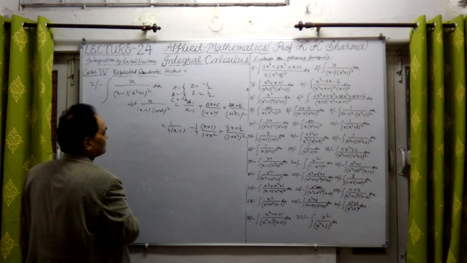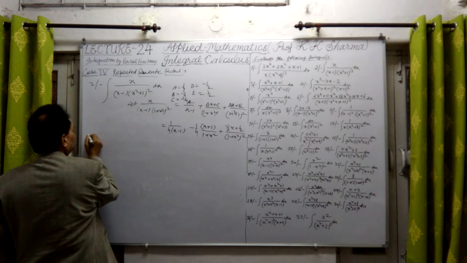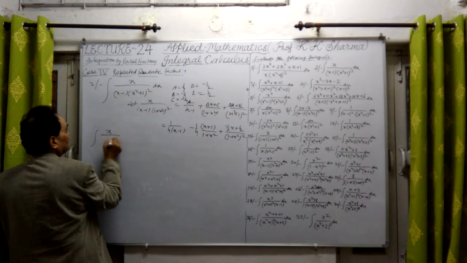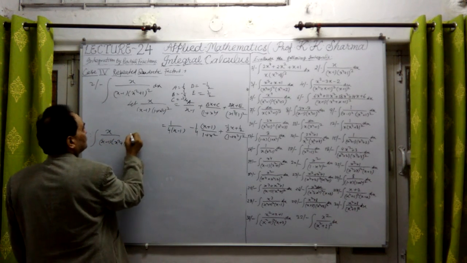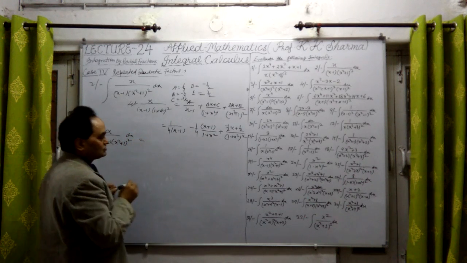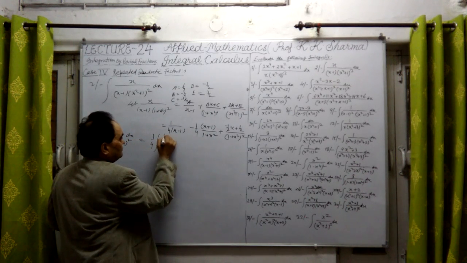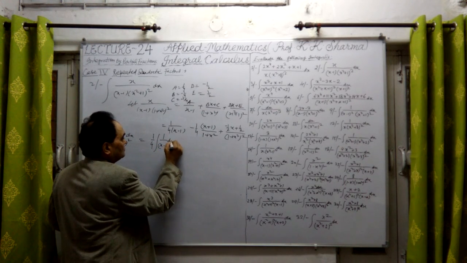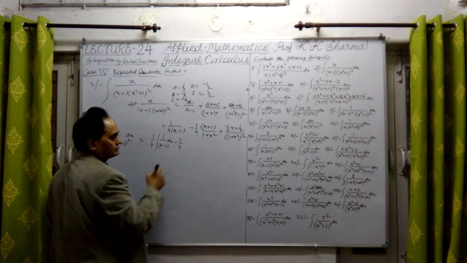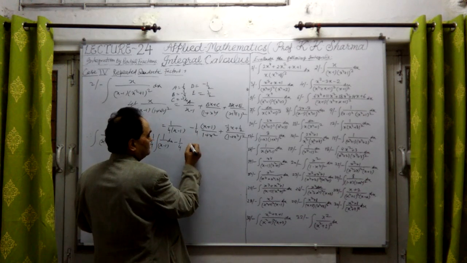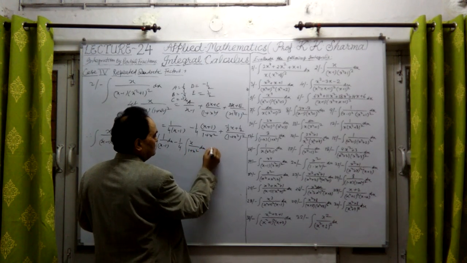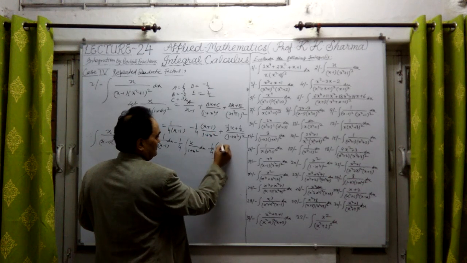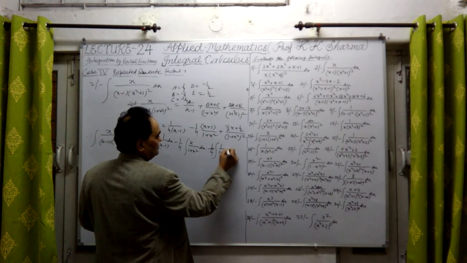Alright, so let me separate them and then integrate, for the integration of x upon x minus 1 into x square plus 1 whole square into dx. This is equal to 1/4 into the integration of 1 upon x minus 1 into dx, minus 1/4, this one. Let me separate them. This will be x upon 1 plus x square into dx, minus 1/4 into the integration of 1 upon 1 plus x square only into dx.